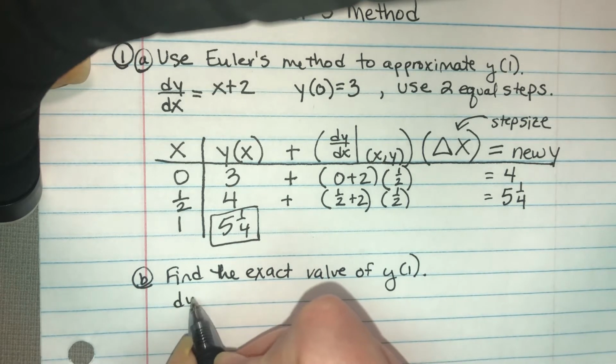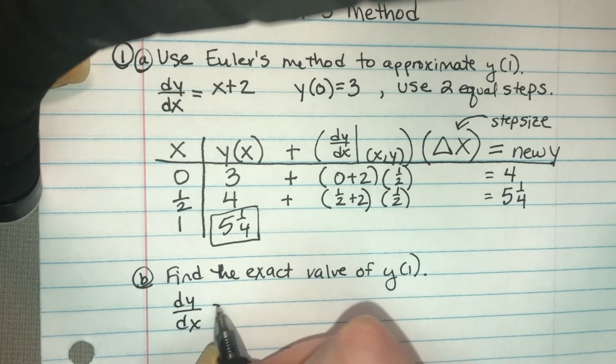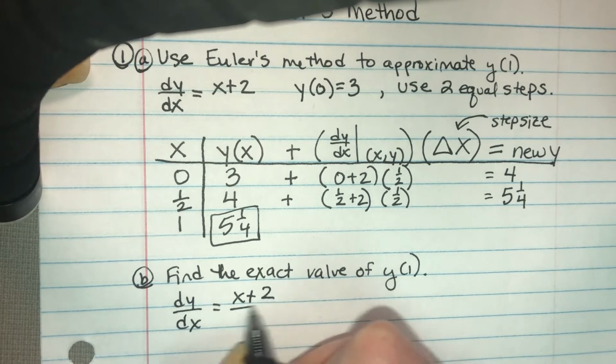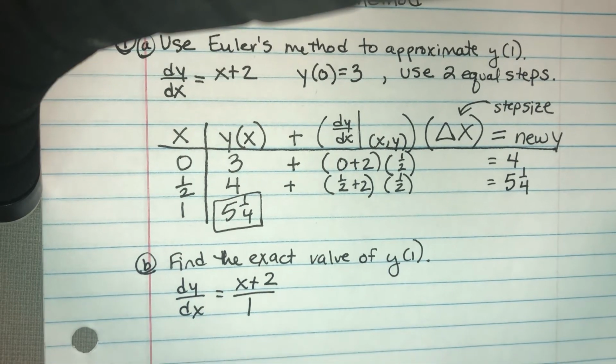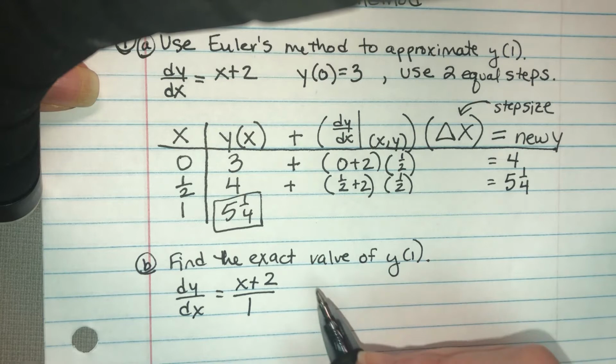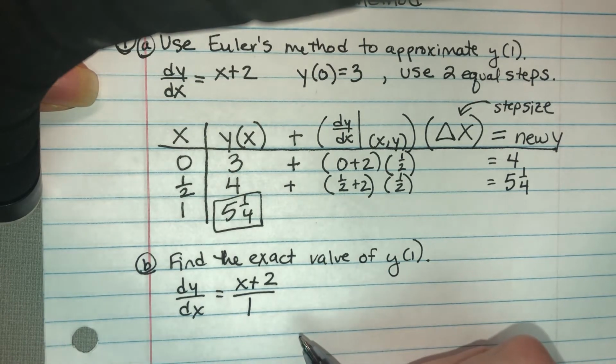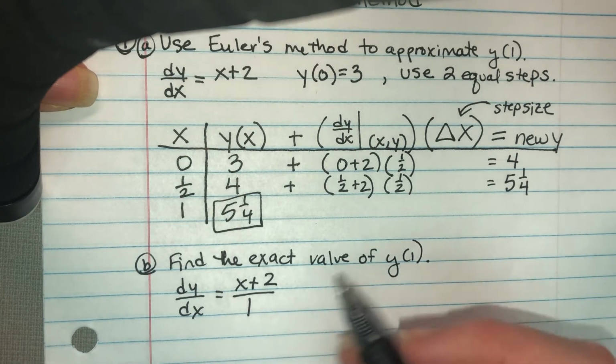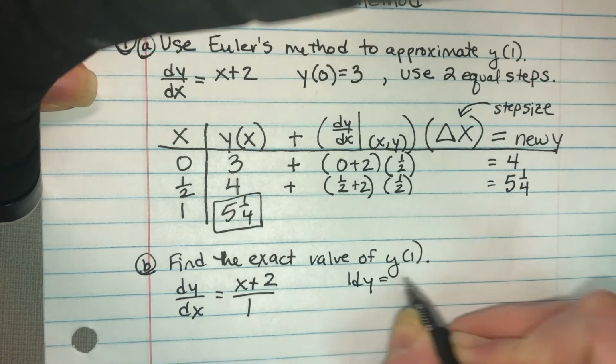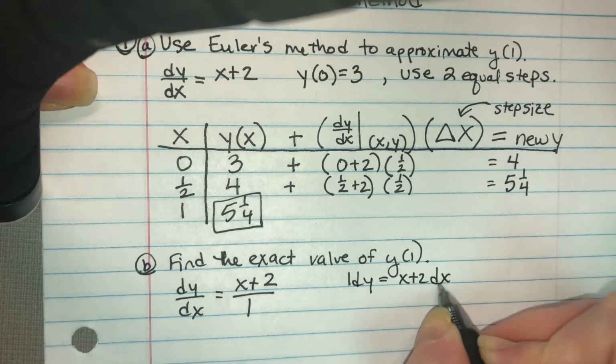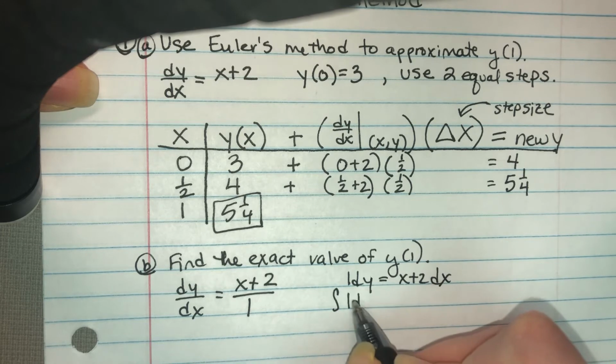So the way we would do that is by solving the differential equation, just like we learned how to do last time. So we're going to cross multiply: 1 dy equals x plus 2 dx. And we're going to integrate both sides.